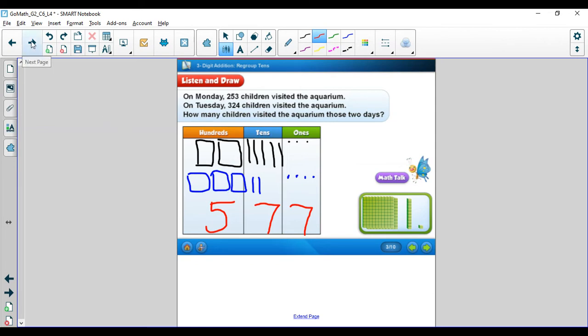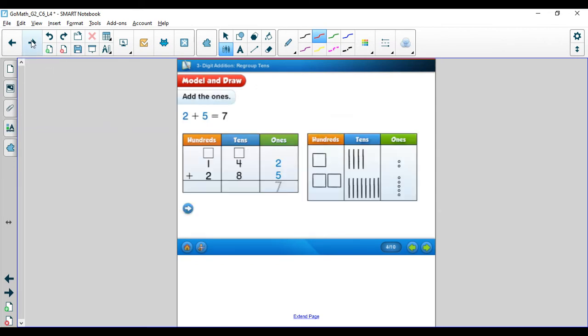Let's continue on to the back of that page and our model and draw. Now you can look at my screen right here because it's going to show step by step what your boxes show in our model to draw. We see the problem 142 plus 248.